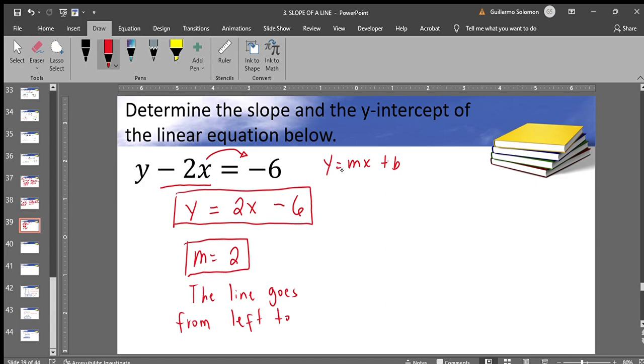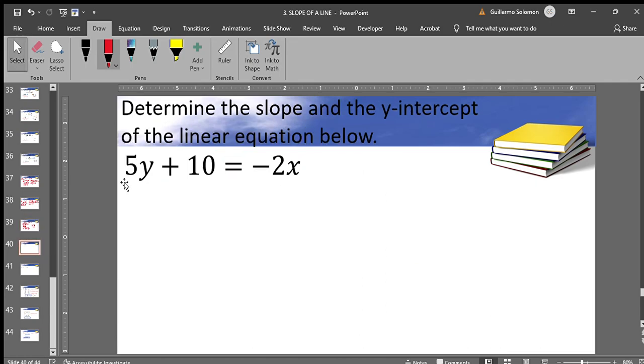The graph goes up from left to right because we have a positive slope. Next, our b is negative 6. So at 0, negative 6, the graph will intersect there on the y-axis.